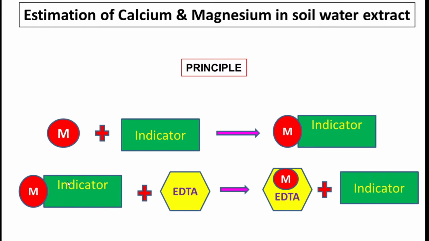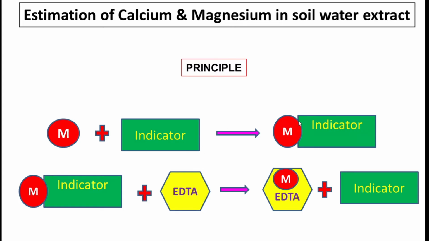When this metal indicator complex is made to react with EDTA, which is a powerful chelating agent, the metal detaches from the indicator and gets embedded in the EDTA. And these reactions are associated with color changes.